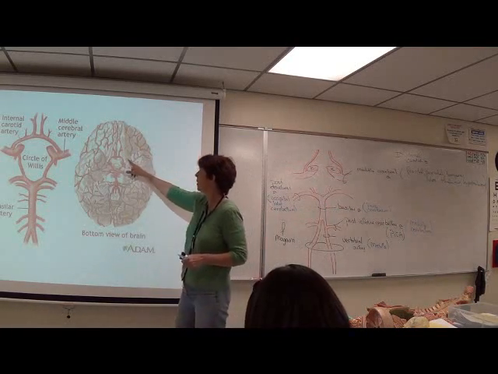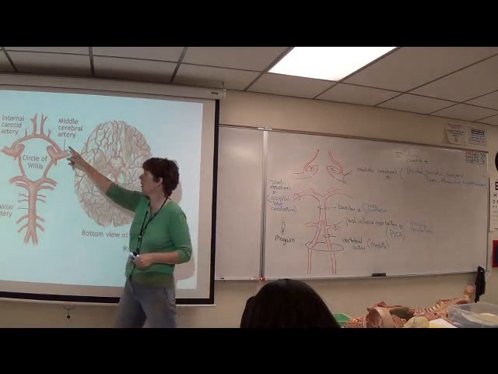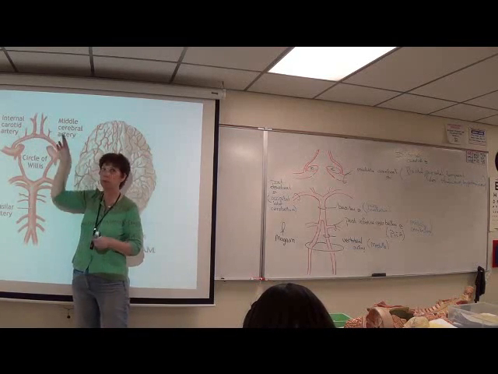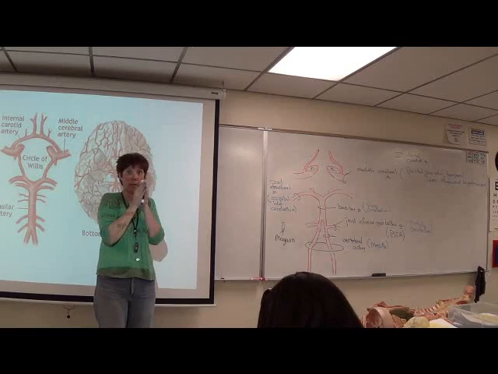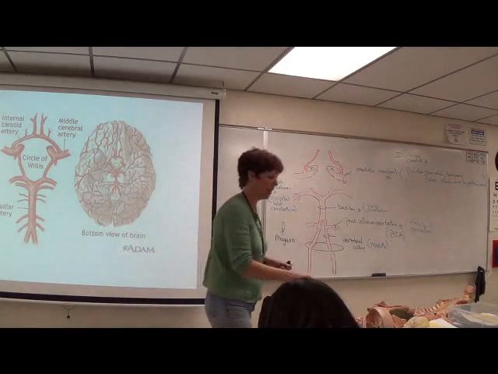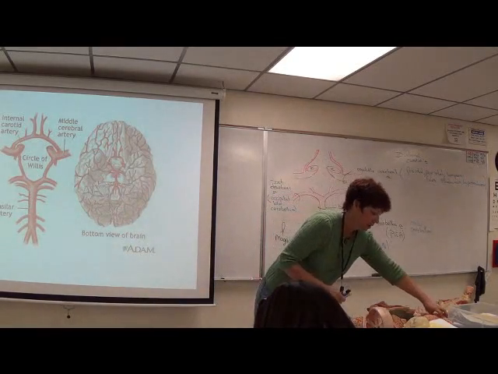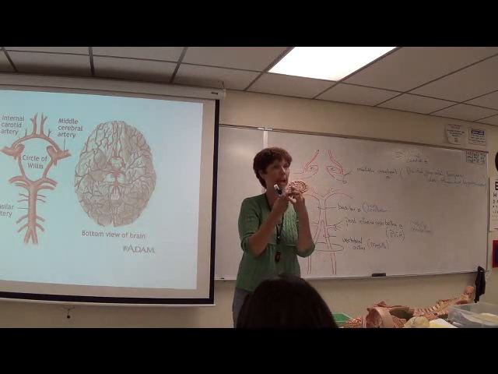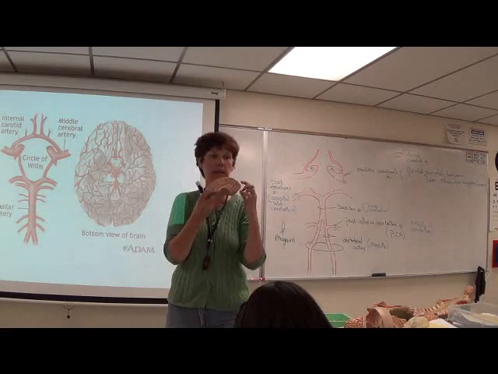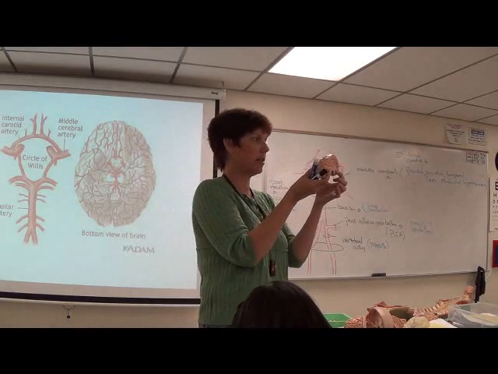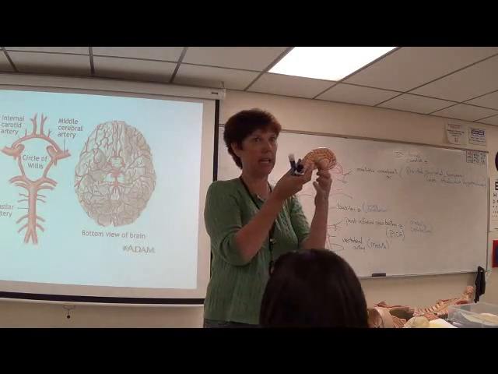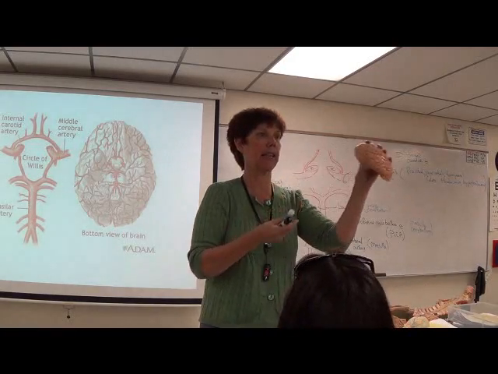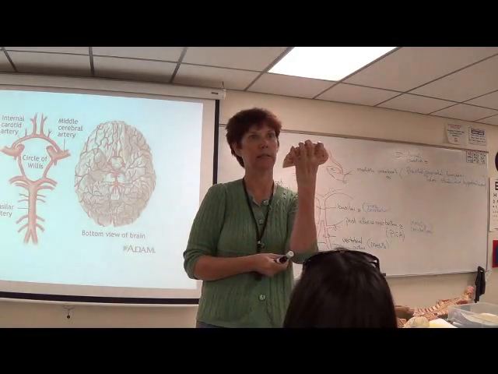So right here are the two anterior cerebral arteries. These are the ophthalmic ones here, and they pass through between the two halves of the hemisphere where we have the falx cerebri. And you can see them right here. So this is that band of white matter that connects the left and the right brains together. So the anterior cerebral artery goes over it and around towards the back and supplies this medial surface, kind of like this. Okay.